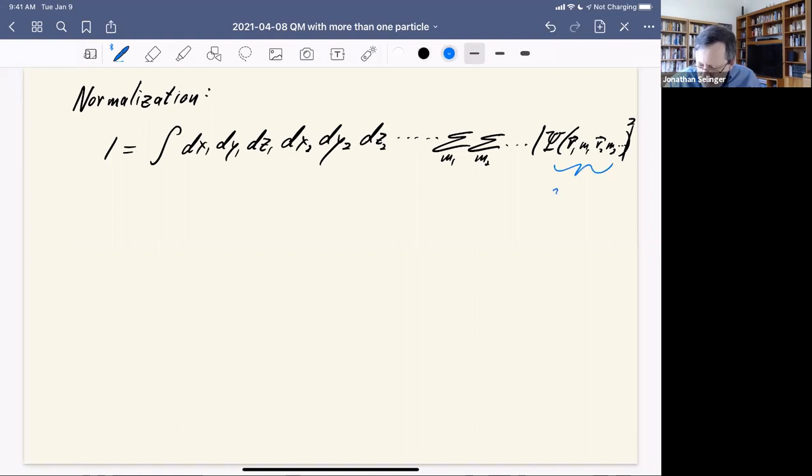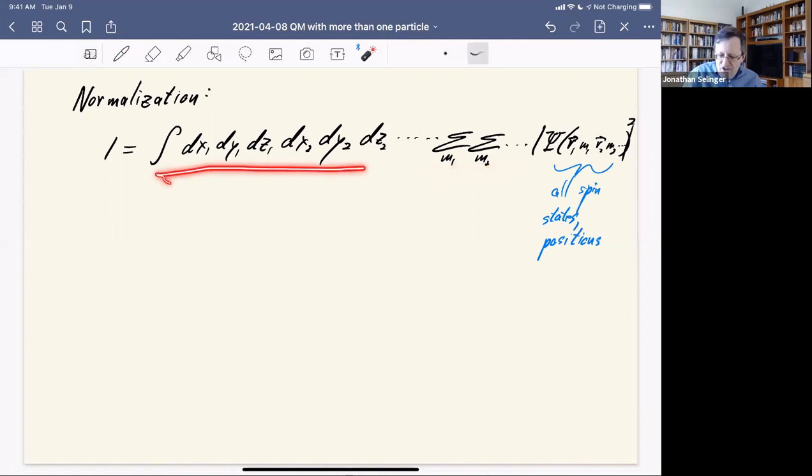All spin states and positions. And then they all have to get summed over as part of the normalization. So you sum over the spins, which are discrete, and you integrate over the positions, which are continuous. Okay, so that's the general idea.